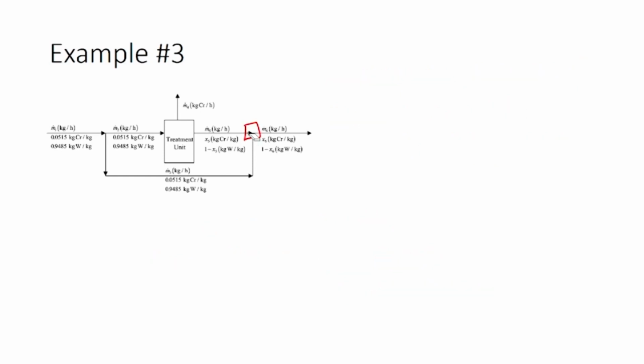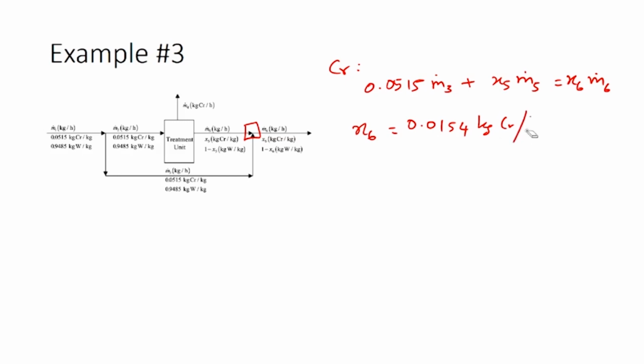For the mixing point, we can also write a chromium balance, which would be 0.0515 times M3 dot plus X5 times M5 dot equals X6 times M6 dot. We already know M3 dot, M5 dot, M6 dot and also X5. So, substituting the values, we would be able to get X6, which would be 0.0154 kilograms of chromium per kilogram.